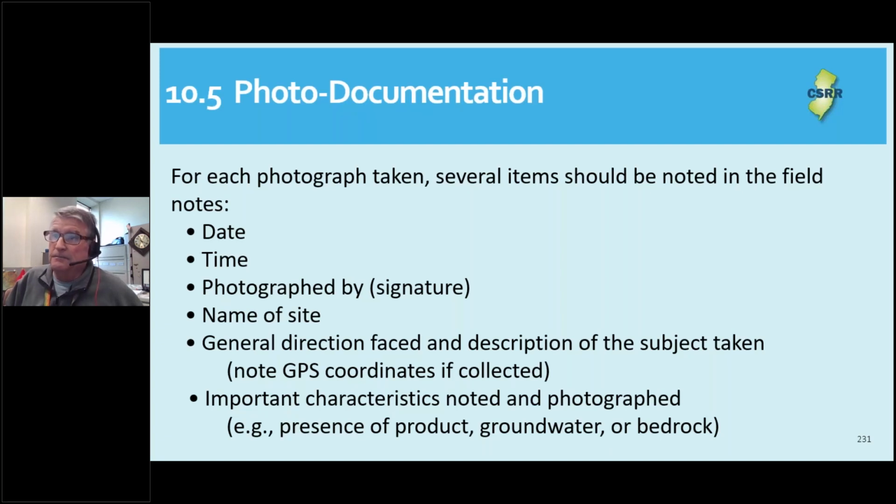Each photograph should have recorded the date, the time, the person who took the photograph, the site name, the general direction and description of the site, including the GPS coordinates if collected, and important characteristics noted in photographs such as product, groundwater, bedrock, or vegetation that's present at that particular site. The next slide will show an example form that is associated with photo documentation. Next slide, please.